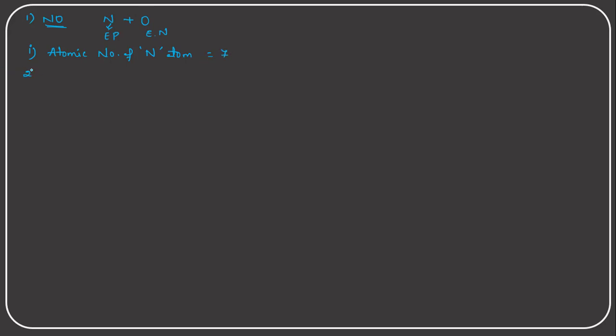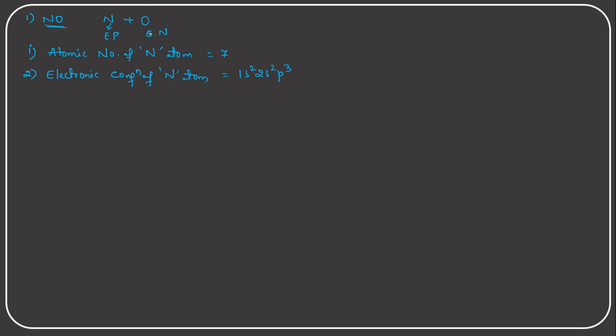We also need to know the electronic configuration of the nitrogen atom. This is 1s2 2s2 2p3. Now we know the atomic number and electronic configuration of nitrogen. We require this much information; that will be enough.